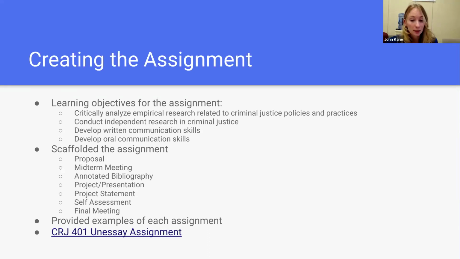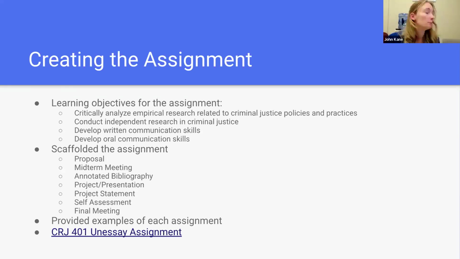I did all of that prior to the beginning of the semester so that I could work out any issues in the project, and I could try to foresee any problems that would come up and address them right off the bat, because with an essay and really any kind of semester-long project, it's important to have a roadmap for students so that they aren't nearing the end of the semester searching for resources to help them finish their project.